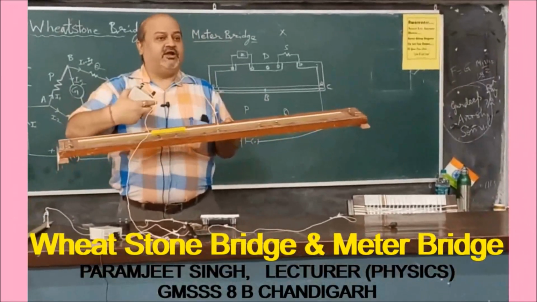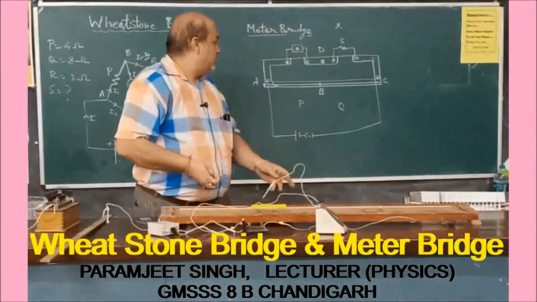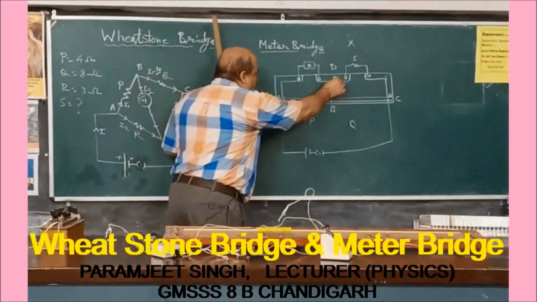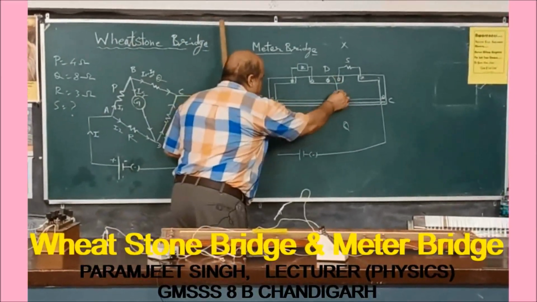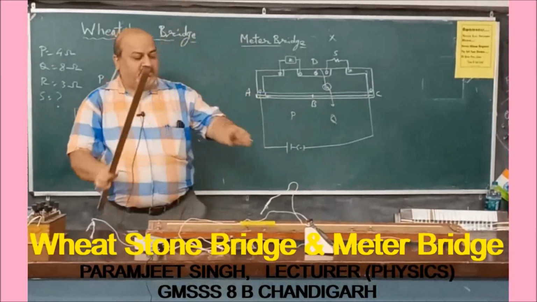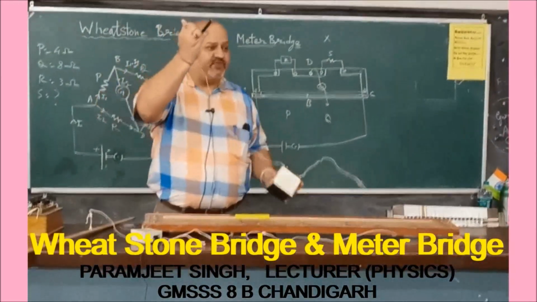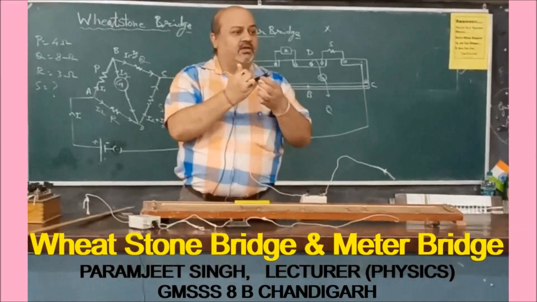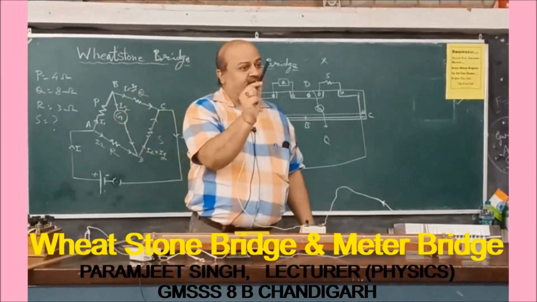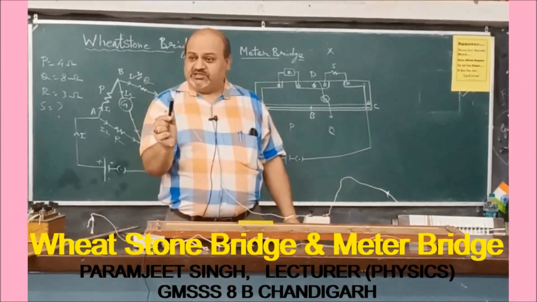One end of the galvanometer I connect here at B. This another end of the galvanometer is free. Here we will connect the jockey, and this end is open. Depending upon us where to place it, its position will be changing.